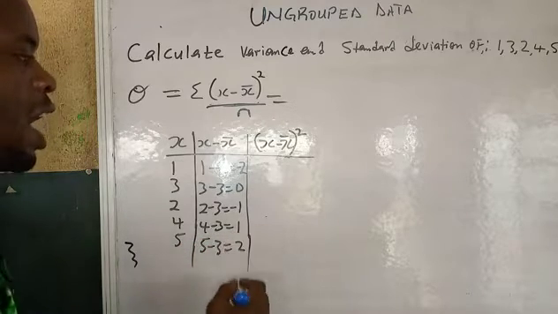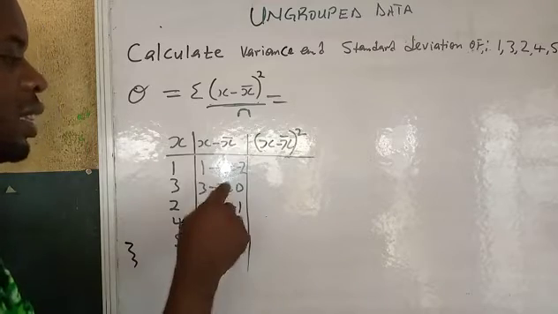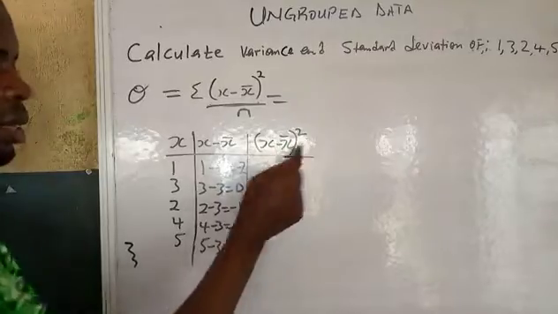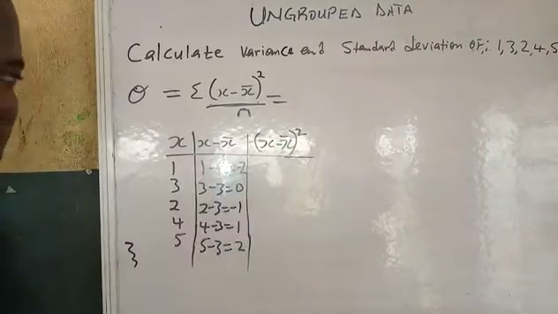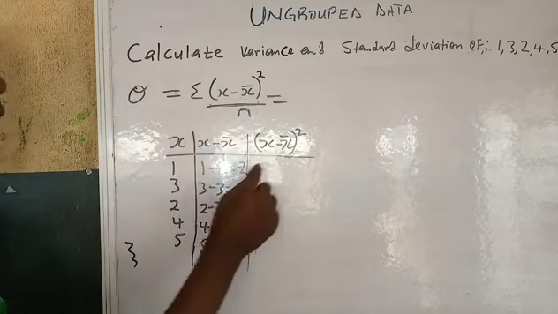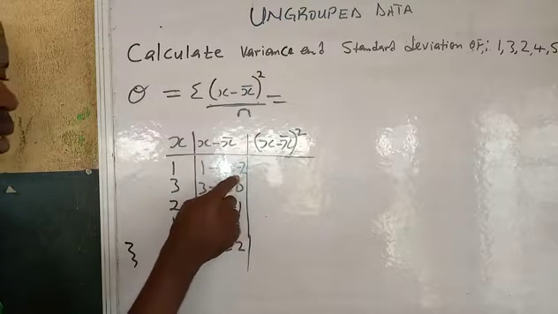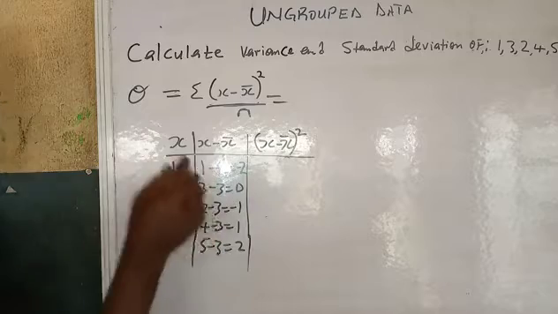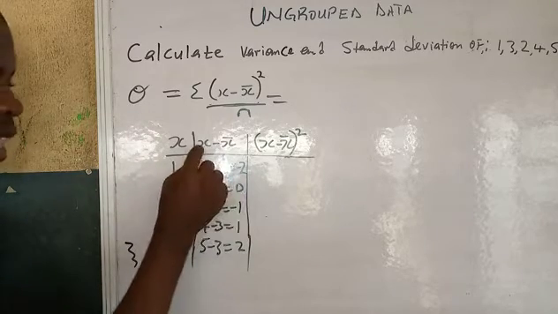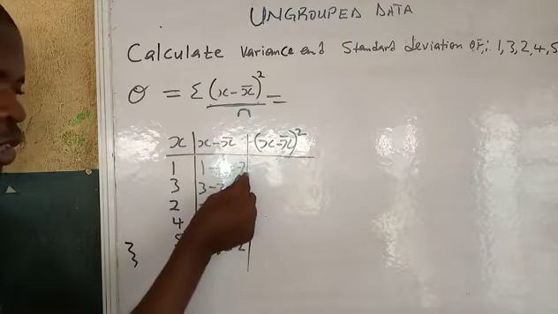Now, having gotten this, we now take the square of each of these. Sum of the squared deviations will give us our variance. This x minus mean is the deviation. We take the square of the deviation.